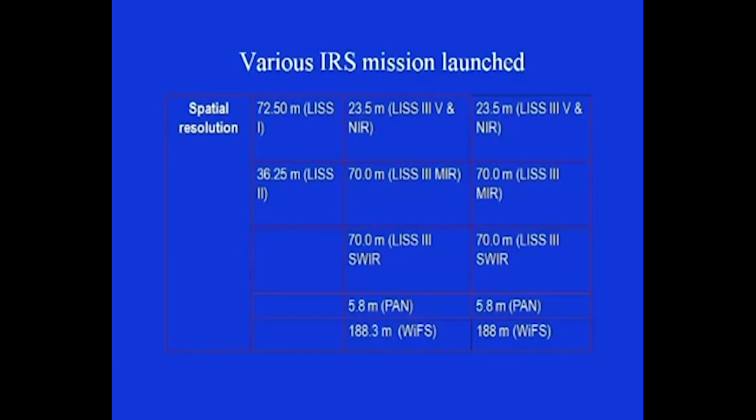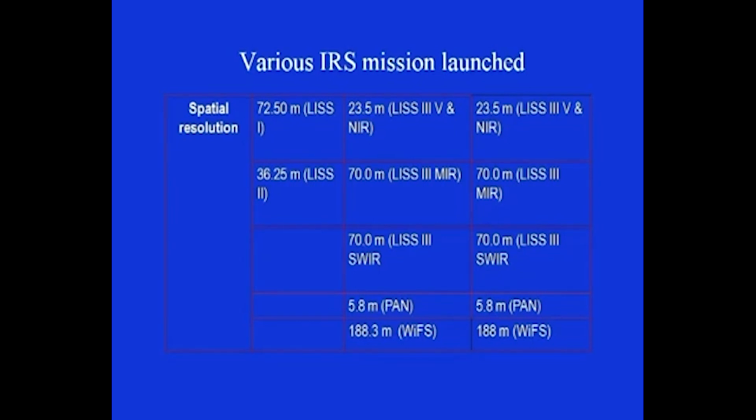When we look at the spatial resolution, the IRS-1A and 1B were rather very coarse. However, they had two forms of spatial resolution. For a sensor configuration of LISS 1, the spatial resolution was 72.5 meters, but for LISS 2 it was 36.25 meters.